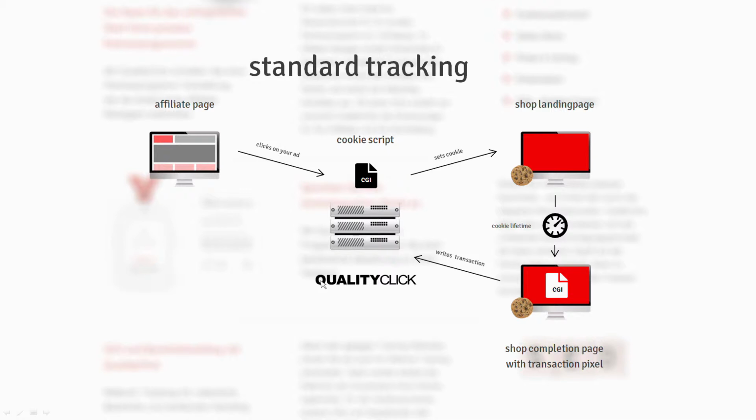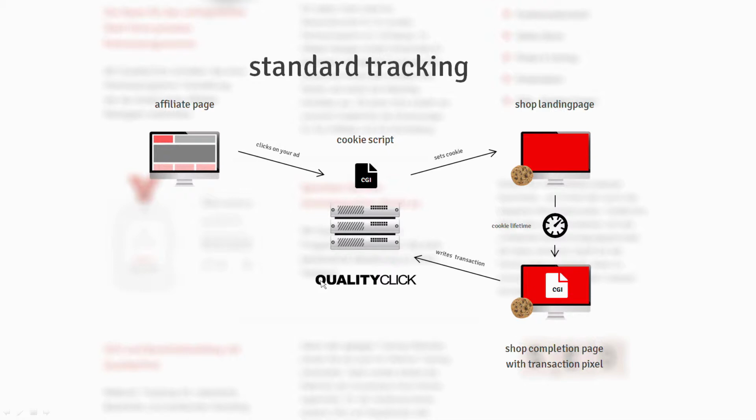And there will be another call of a CGI script, which is the get trans CGI, which I showed you earlier. And this second CGI script will write the transaction in the QualityClick system. And it will take the information of the cookie, also which affiliate brought the customer to your shop.